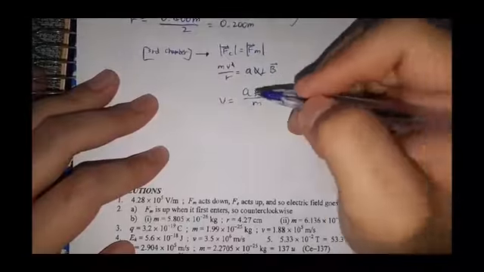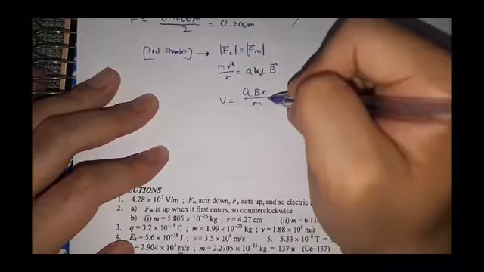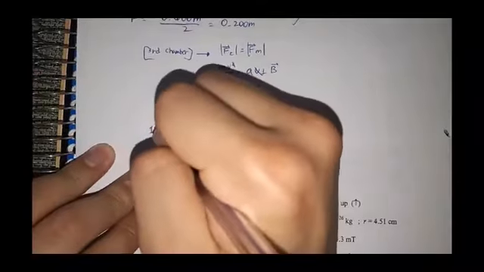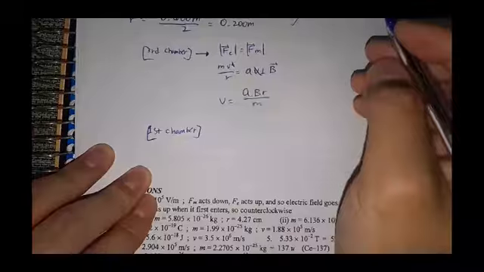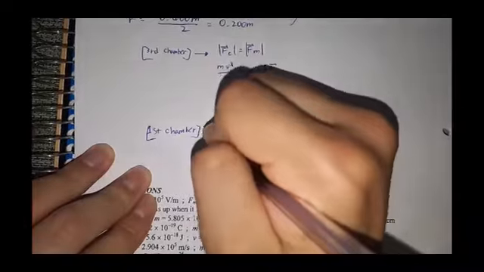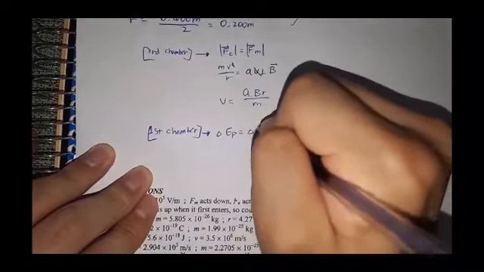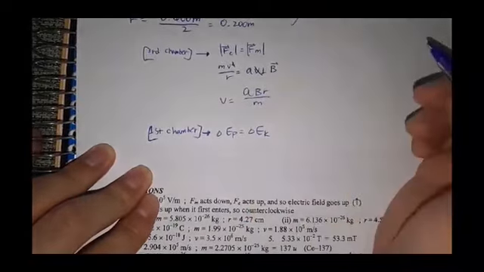And that speed, ladies and gentlemen, can be used to figure out our first chamber, which is the one that talks about potential energy converting into kinetic energy. And we can just combine these two together.